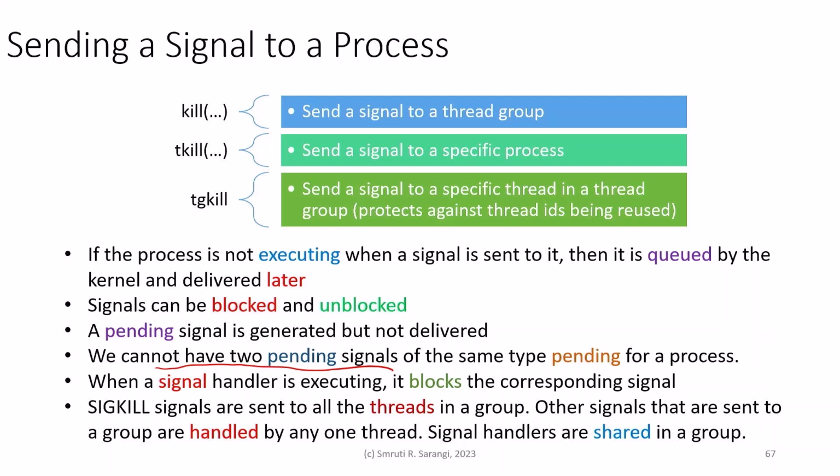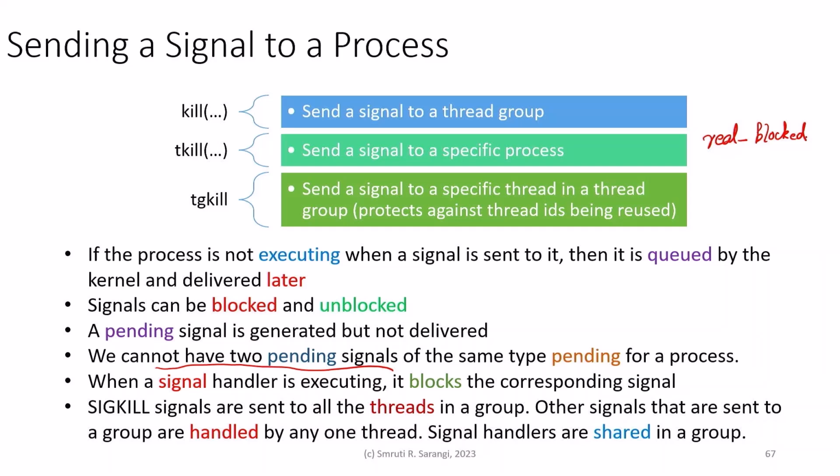Furthermore, when a signal handler is executing, let's say for some signal, SIGUSR1, it blocks the SIGUSR1 signal during the period of its execution. That is why you actually define two sets of signals. Let's say that you are genuinely not interested in some signals, so you call it real blocked.